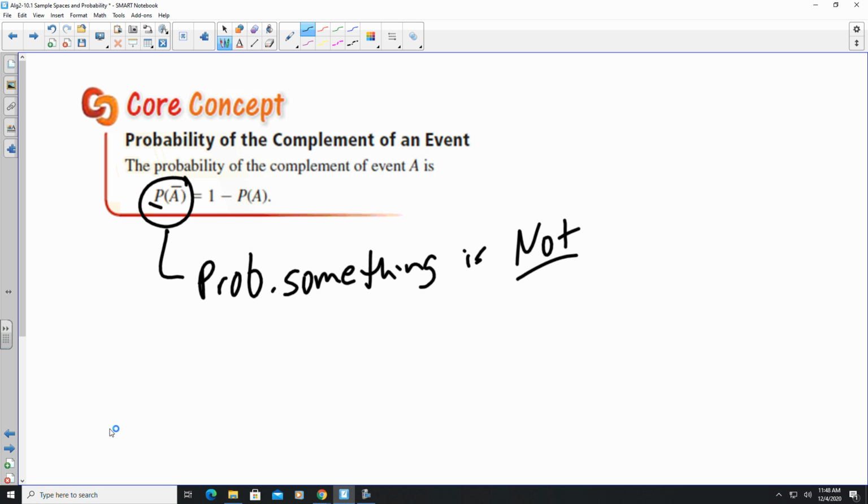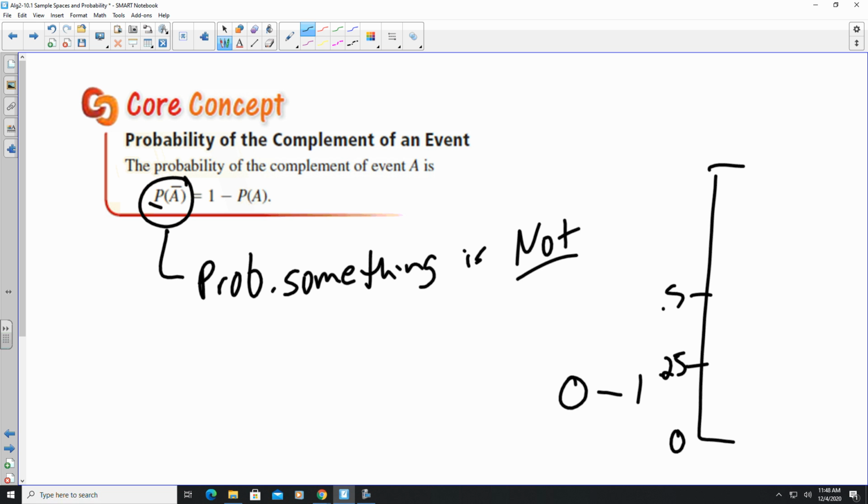Because anytime you are dealing with probability, you are dealing with numbers between 0 and 1. So if you looked at it, you got 0, 0.25, 0.5, 0.75, and then 1. If you're between 0 and 0.25, it's highly unlikely.